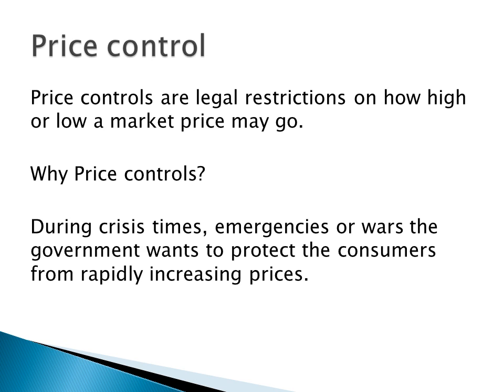So during times of crises or emergencies or wars, consumers are protected from upsurges in prices that can make their standard of living very low, that can bring poverty, or that can lower the lifestyle of the people. So government uses price control in order to stabilize the economy at various times.